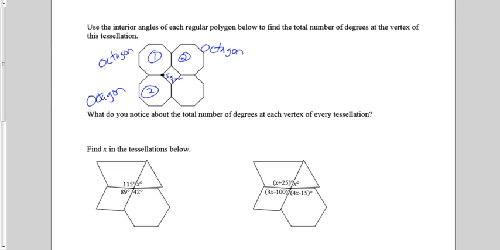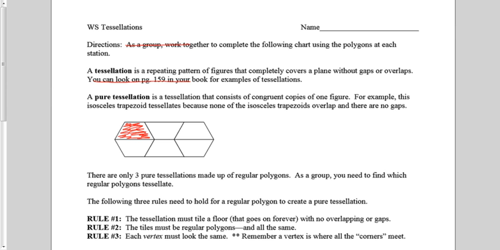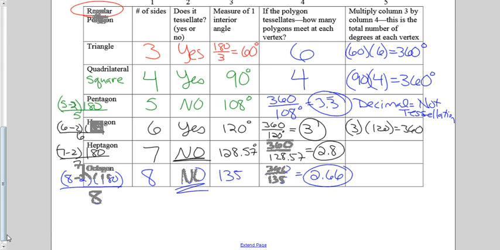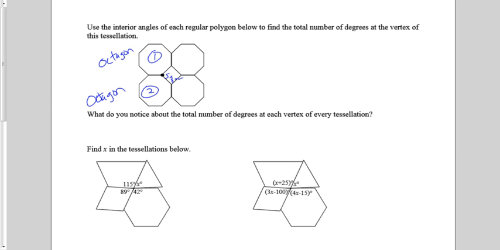So I need to know all my angles. Okay, so I should be able to find one interior angle of a regular octagon. In fact, I think I just found that on the page before, so I'm going to back up. And I did find that. Octagon, one angle is 135. So going back to where I was, I know that one angle in here is 135, which means the angle in the other octagon is 135.